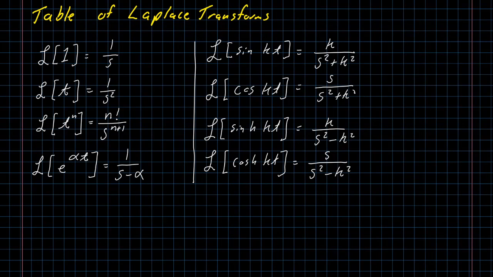And then just to emphasize the relationship, the hyperbolic sine or sinh function, the hyperbolic cosine or cosh function, when you take the Laplace transform, look nearly the same, just with the addition turning into subtraction in the denominator. And the reason that it's worth having some Laplace transforms on hand at the ready is that the Laplace transform is linear.